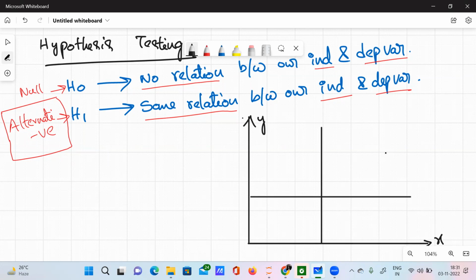The mean of x is nothing but the x bar. And the mean of y is nothing but the middle value of y, that is the y bar here.